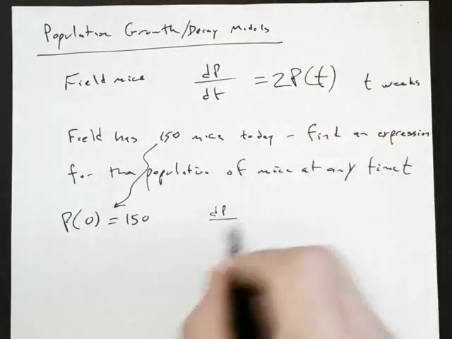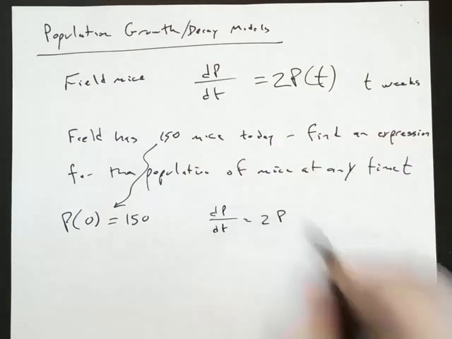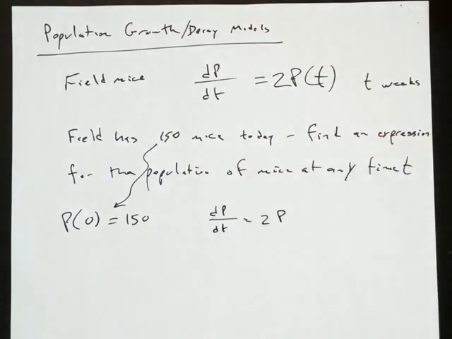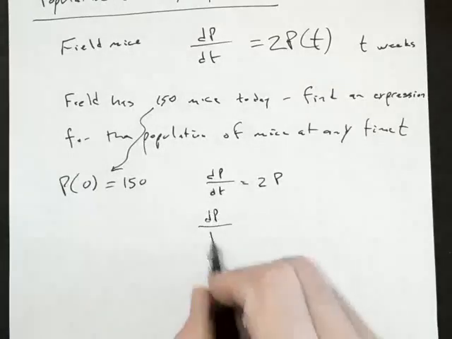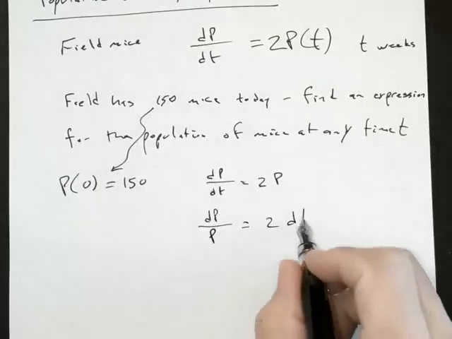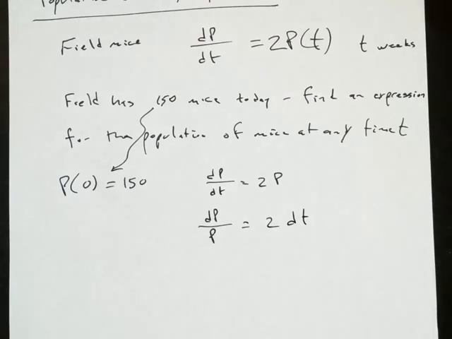So if I write dp/dt equals 2p, I can separate this exactly as we did last week. dp over p is 2 dt.